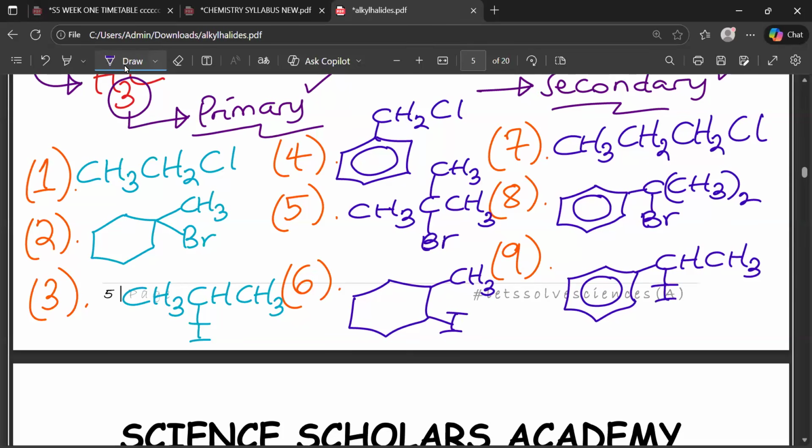Okay, we are going to move in this order: 1, 2, 3. Remember, we are using letters P for primary, S for secondary, T for tertiary. So for 1, 2, 3, we are using a 3-letter code as the answer.